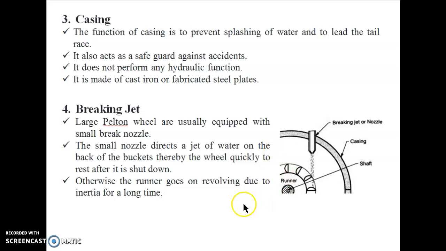That means when we strike the jet on runners, it will rotate. Suppose in this case the runner is rotating in this direction. Whenever we need to stop the runner or turbine, because of inertia this wheel continues rotating, and to stop that we use this braking jet, which is put from the backward direction. So it stops the movement of that runner as well as the buckets.